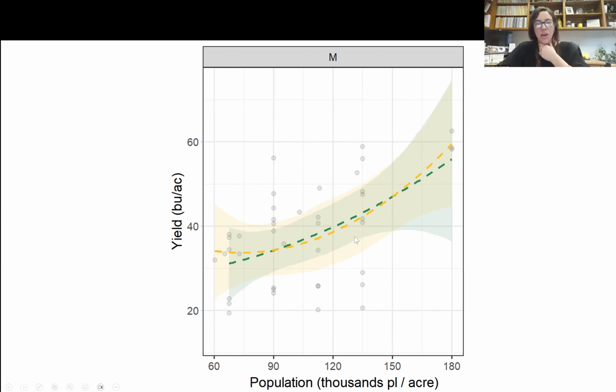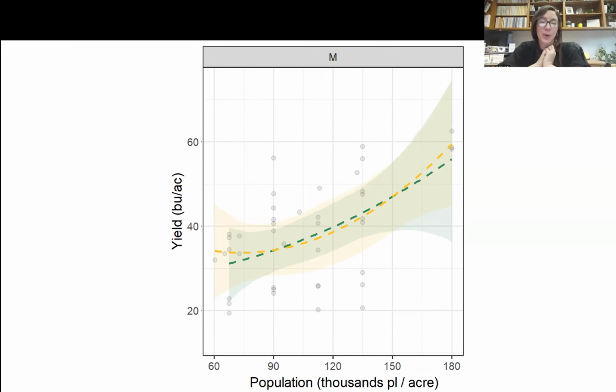So that's the uncertainty I was talking about. What we can see here is that this line is pretty much a straight line. And that basically means that 150 is actually maximizing our yields, which is in agreement with what we are saying.